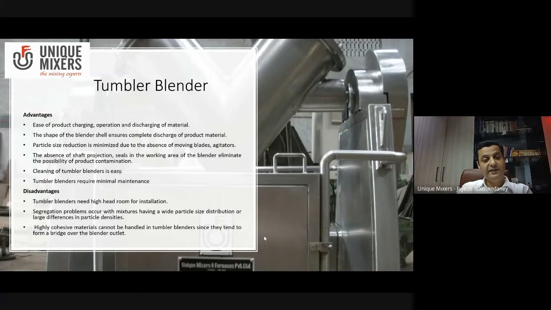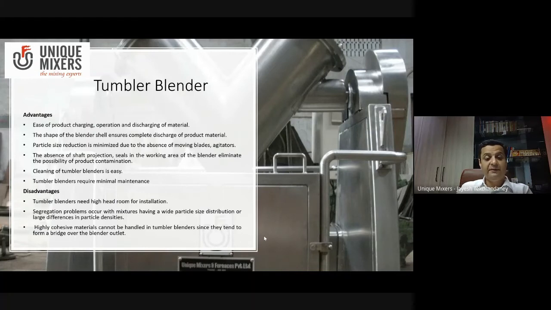So it has advantages. Anything which has advantages could also have its disadvantages, and in this case, the biggest disadvantage is that you need high headroom for installation. The volumes of this equipment will have to be limited because you have such a huge mass of body actually rotating, which can raise safety concerns and takes a lot of space.